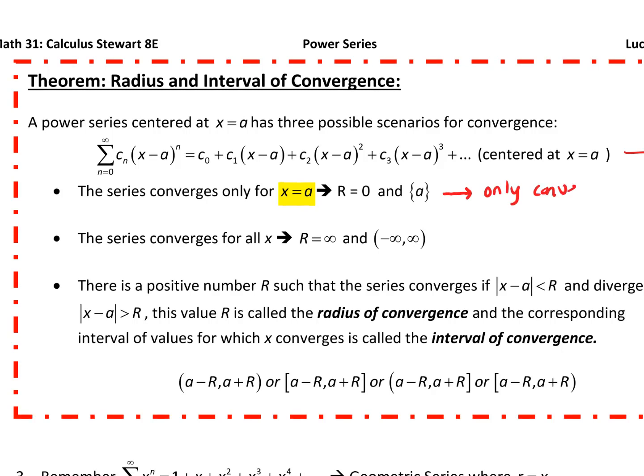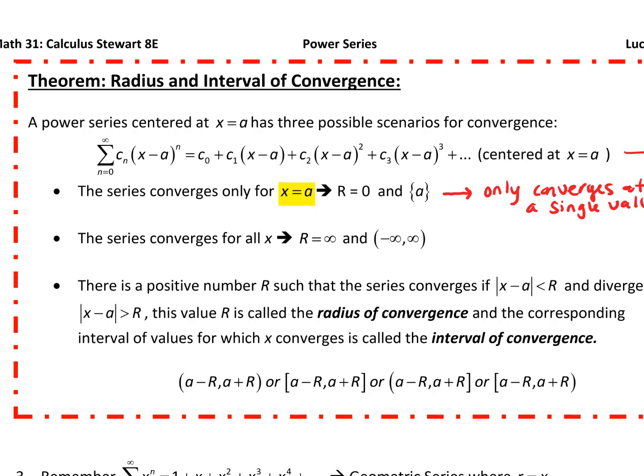Now, every power series that we look at will at least converge at a. It has to converge at just a, because if I plug a into this polynomial, it would zero out all those terms and leave me just with the c naught, or the constant.